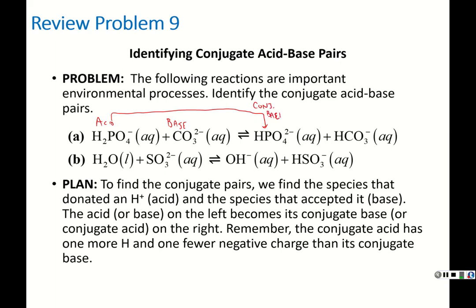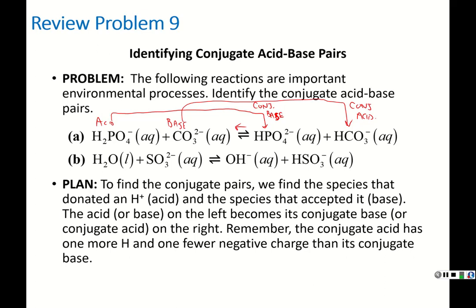That's another way you can tell, because in the reverse direction it's going to be acting like a base, accepting a proton. Our base now becomes HCO3 minus, which is its conjugate acid.